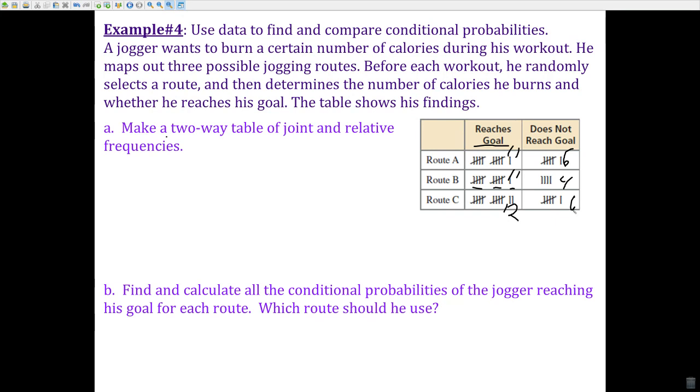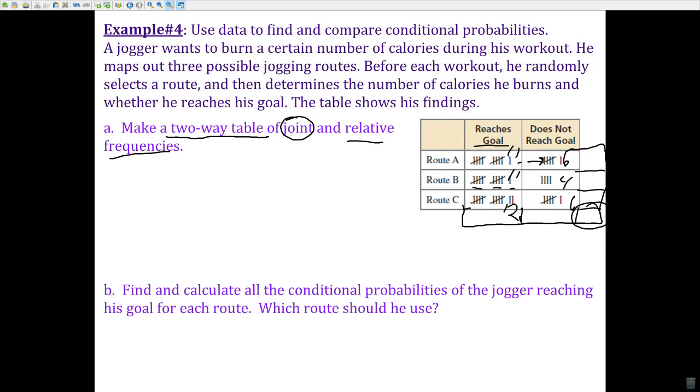Now it's going to ask us to find a two-way table for joint and marginal relative frequencies. It already provides you with most of the table, but it doesn't give you these totals, which we're going to need going forward, especially if we're going to use the marginal frequency. So let's do it.